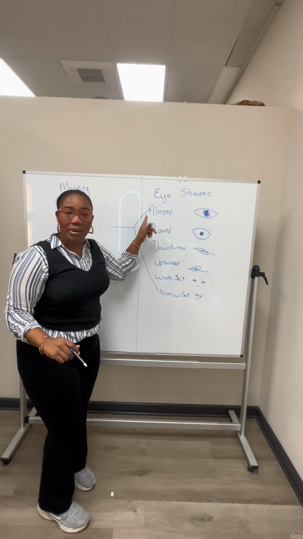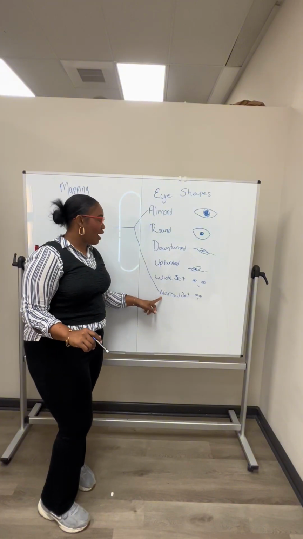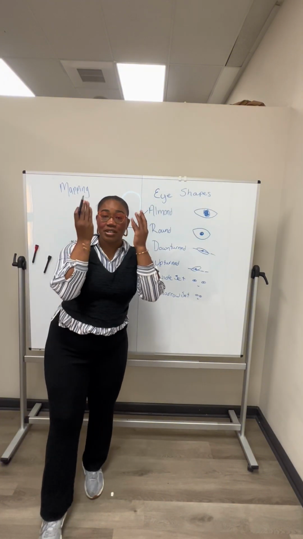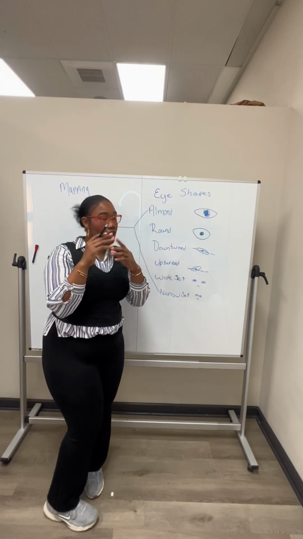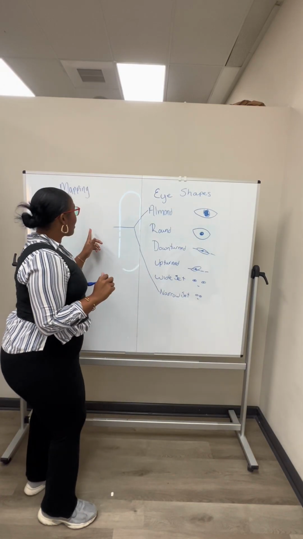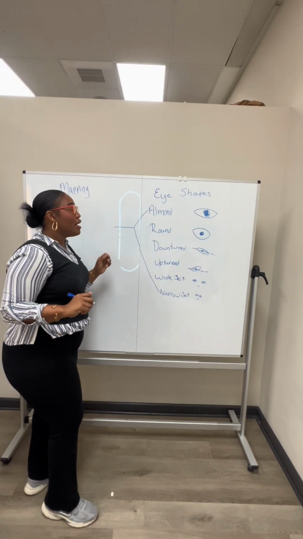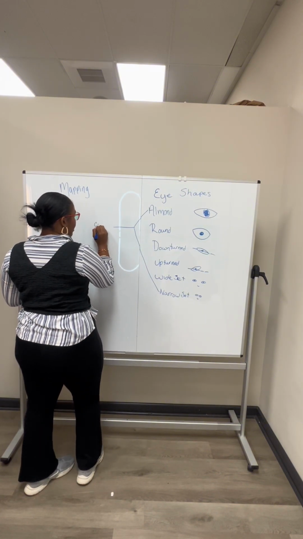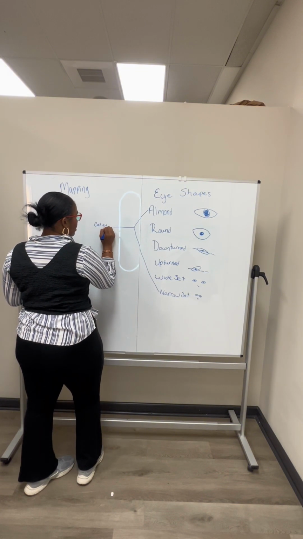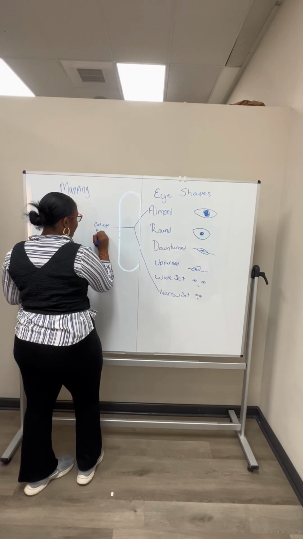If someone has almond eyes and a narrow set eye, that means their eye shape is almond and their eyes sit close on the face. The map I would like to use on them is something like a cat eye or a kitten eye.